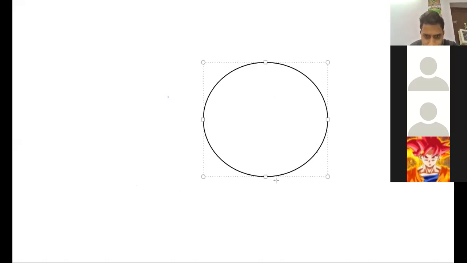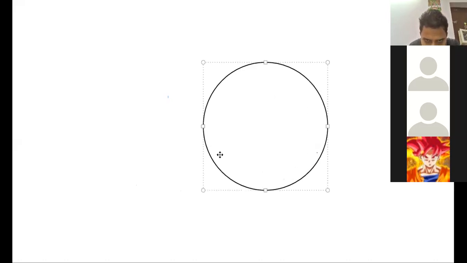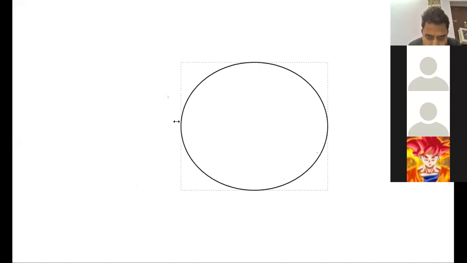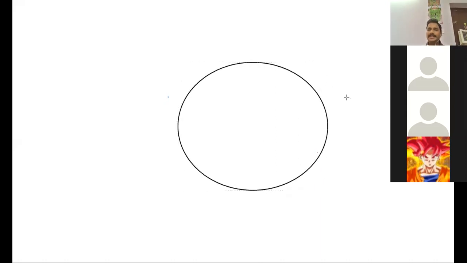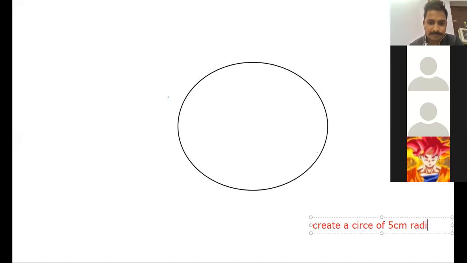So I would create a base circle of 5 centimeter radius first. So first thing that I need to do is create a circle of 5 centimeter radius.